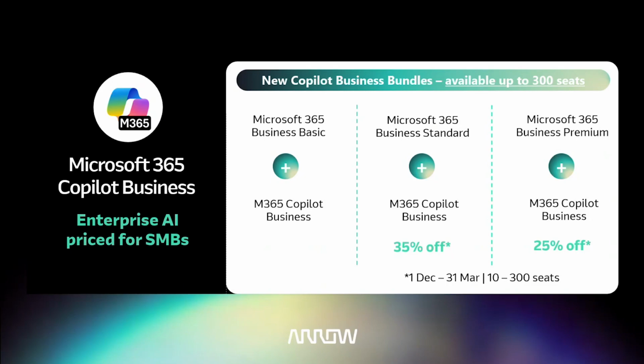It's essentially the same Copilot as Microsoft 365 Copilot, but priced for an SMB. So this is really the same Copilot, but at a much more attractive price. You really should look into it because it makes this great AI assistant more accessible, because we know most SMBs usually don't have the same budget as big enterprises.